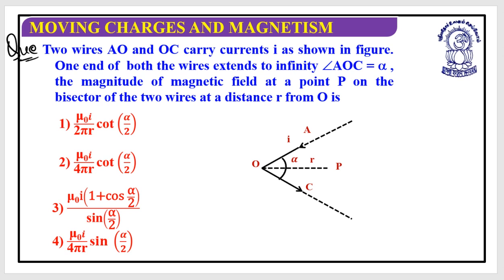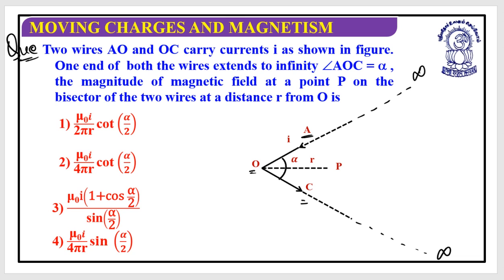What does it say? Two wires AO and OC carrying currents I as shown in the figure. One end of both the wires extends to infinity. That means this end has been extended up to infinity. Even this end has been extended up to infinity. And angle AOC is alpha.